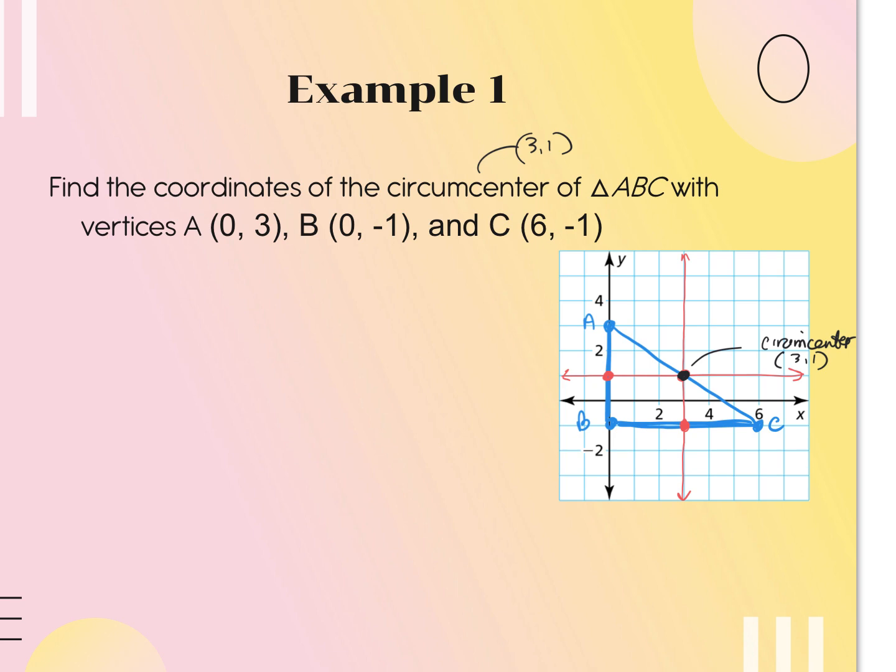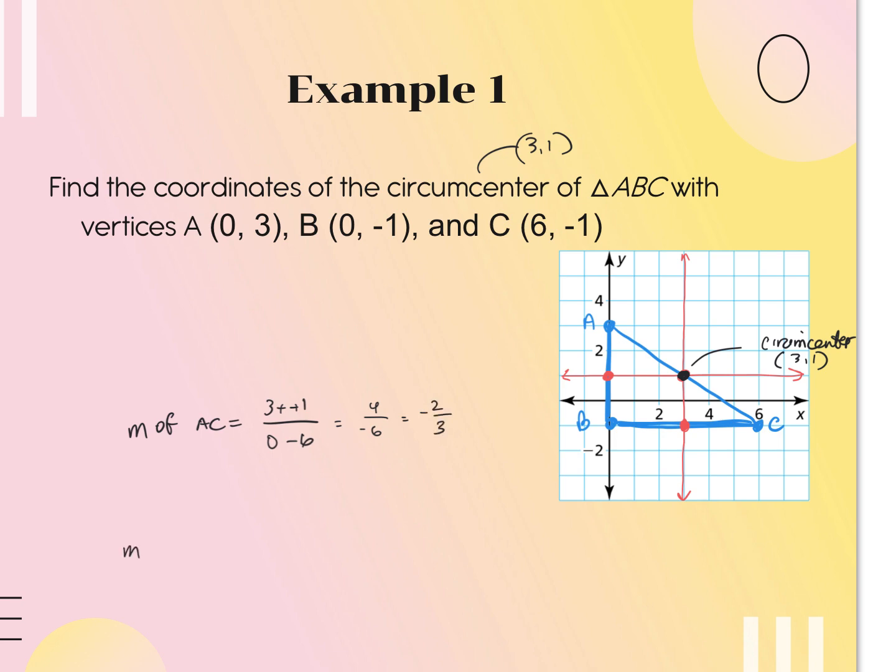The only thing I have to do is find the slope of AC. The slope of segment AC, I can do it mathematically or I can count. If I do it mathematically, it's 3 minus negative 1 over 0 minus 6. I get 4 over negative 6, or negative 2/3.